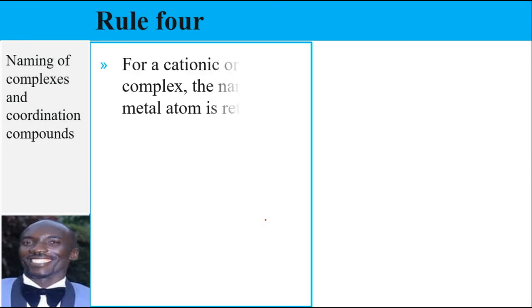Rule number 4, for cationic or neutral complexes, rather than ligands. We say cationic if the overall charge on the complex is positive, or we say a neutral complex if the overall charge on the complex is 0. The name of the metal atom is retained.